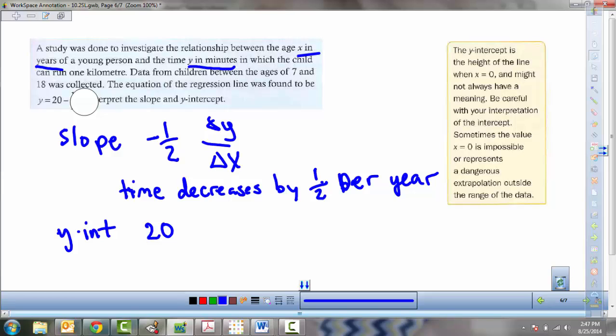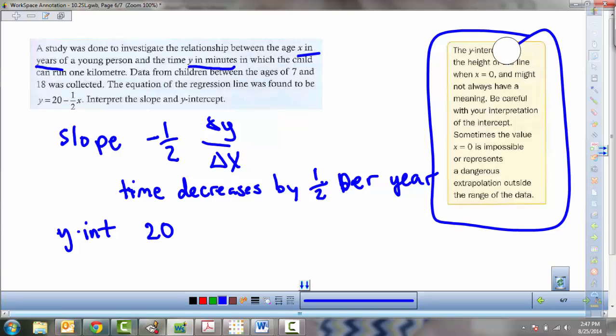Well, in this case, that doesn't make any sense because we can't have a 0-year-old running a kilometer. It simply can't work. But hypothetically, this would be the amount of time it takes for somebody to run if they are 0 years old. Physically, that doesn't make sense. And that's what this note over here asks you to always think about when you're doing these sorts of problems.